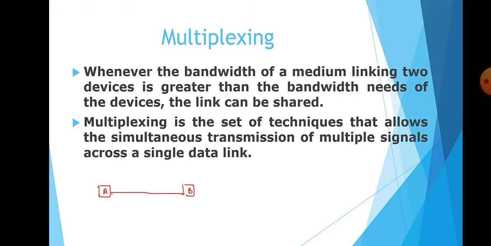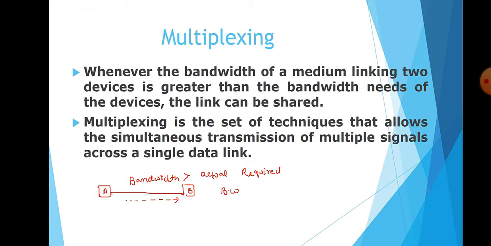Suppose the bandwidth of this particular link is greater than the actual required bandwidth in order to do the communications between device A and B. In such instance, the bandwidth can be shared.